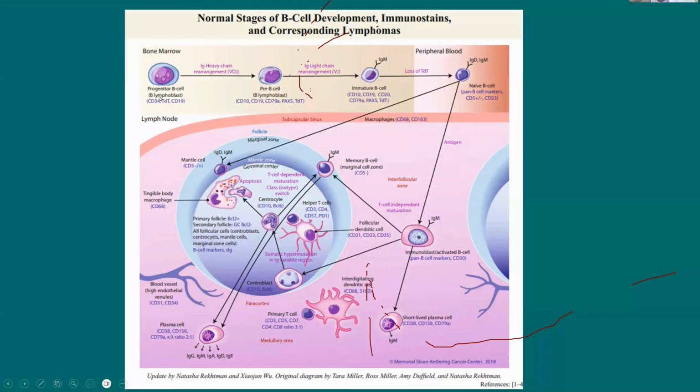If you understand how the changes happen through the lymph node, you will understand which markers are which, and which will be positive or negative in any lymph node.